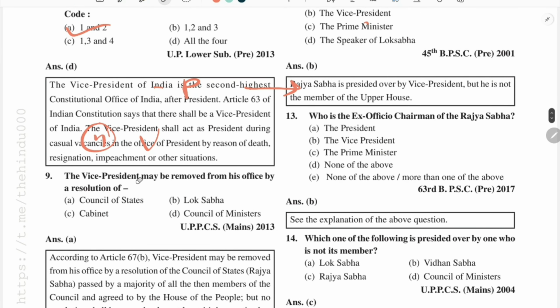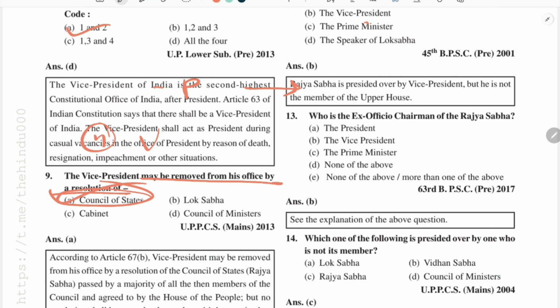Coming to the next question, Vice President of India may be removed from his office by the resolution of. So I told you that though both the houses are needed for the removal, it may be removed by the resolution first passed in the Council of State, that is Rajya Sabha. So Rajya Sabha is the right answer.